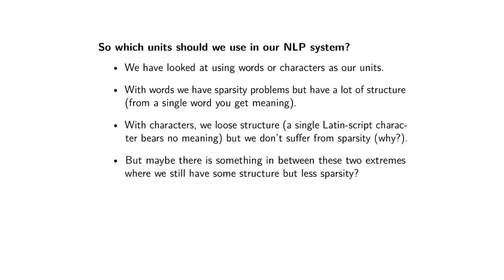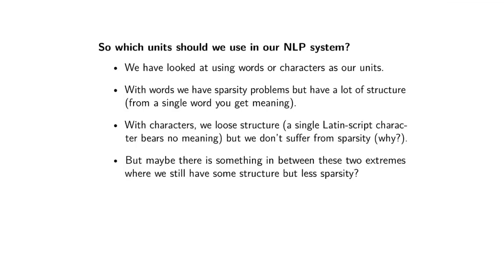On the other extreme, you've got something like characters. Characters are in a sense useless because if I give you a single character, you can't tell me anything. There's no meaning attached to a character in isolation. But we don't suffer from a sparsity problem as much. There's only 25, 26, or maybe 40 characters if I include some special characters. So I will see all the characters in my training data and I can go on with life.